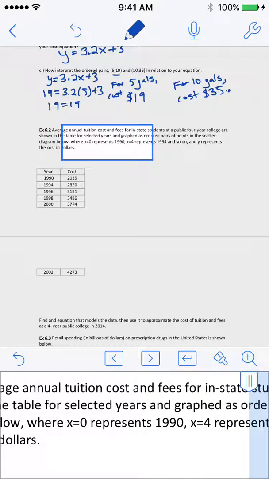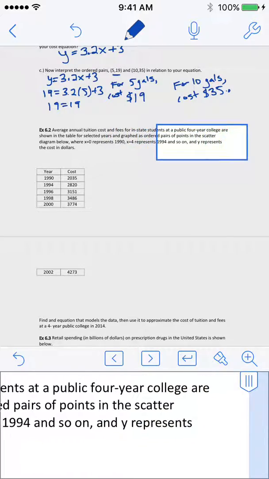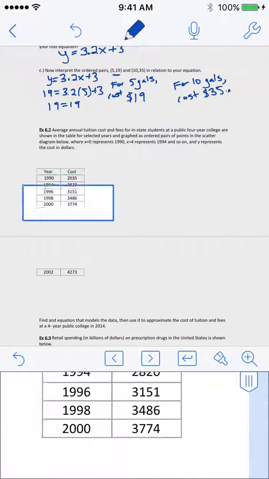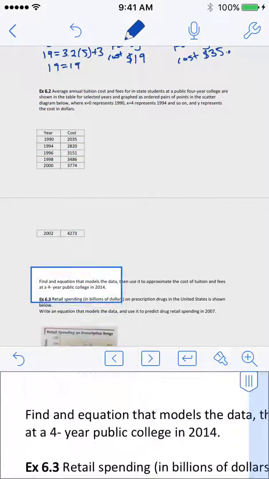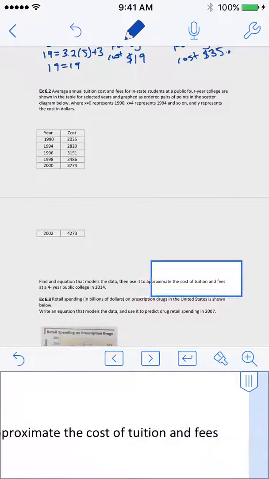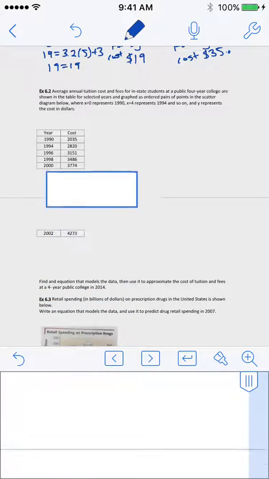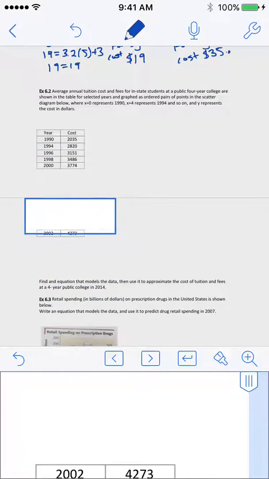Where X equals 0 represents 1990, and X equals 4 represents 1994, and so on, and Y represents cost in dollars. Find an equation that models the data, and then use it to approximate the cost of tuition at a four-year college in 2014. So first we're going to find an equation.